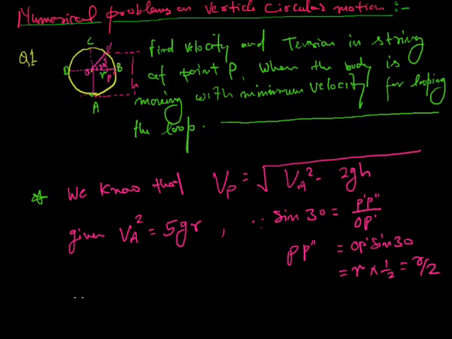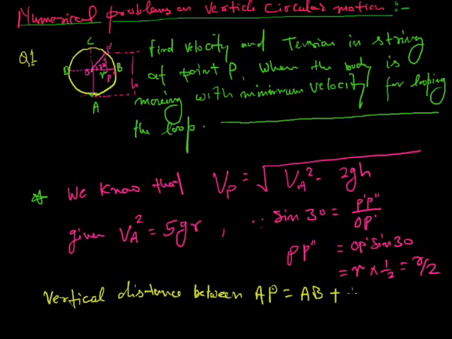So vertical distance between A and P is equal to AB plus P dash P double dash, that is equal to R plus R by 2, that is 3R by 2.